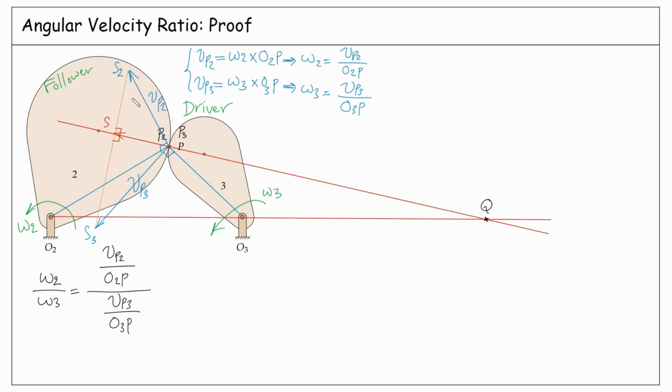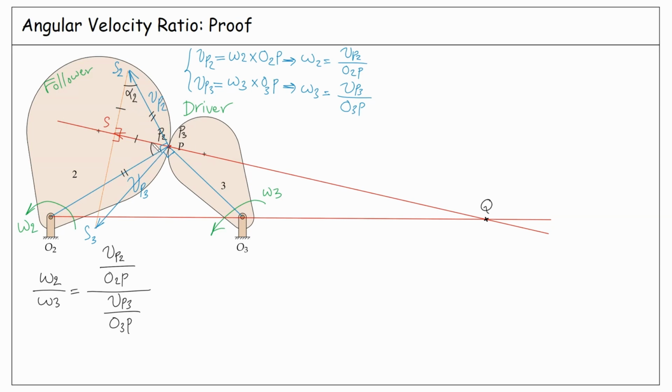Let's assume this angle here is alpha 2. It has two sides, side 1, side 2. Side 1 is perpendicular to this line, and side 2 is perpendicular to this line. From basic geometry, we know that if the sides of an angle are perpendicular to the sides of another angle, those angles are equal.